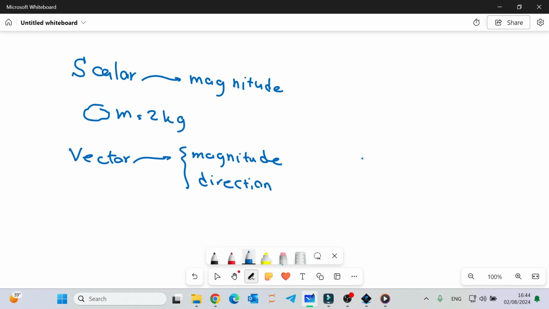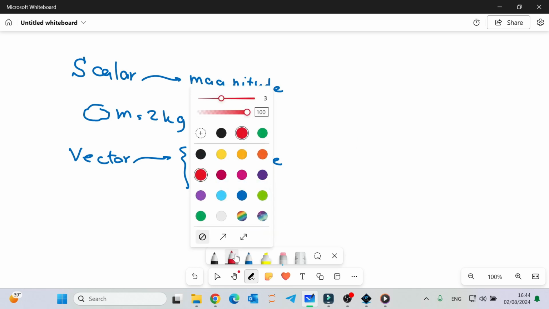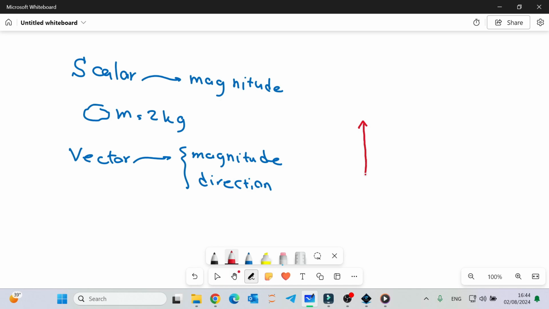So, for example, when I have a diagram like this, and it is x direction, this is y direction, and this is my scale on it.